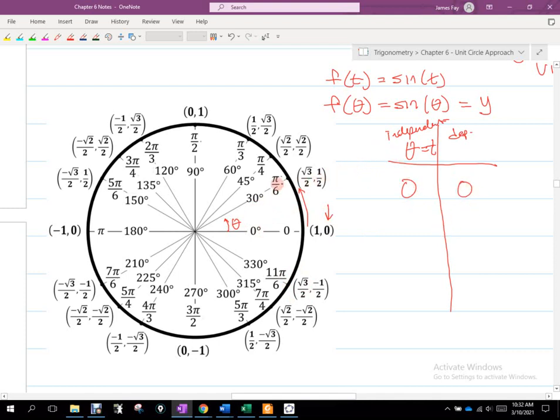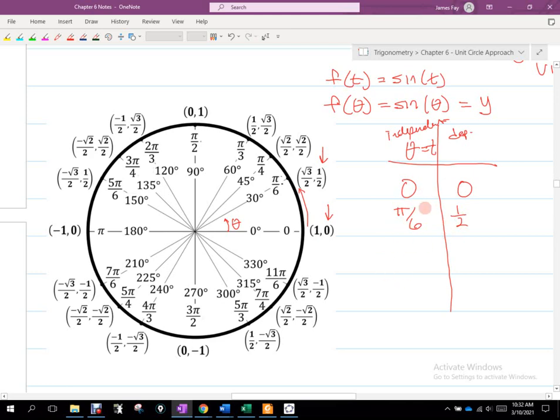Now I'm going to go to the next one that's convenient. It's pi over 6. So pi over 6 is the next radian measurement that I look at. That's either theta or this distance t. And what is the y value at pi over 6? 1/2, right?